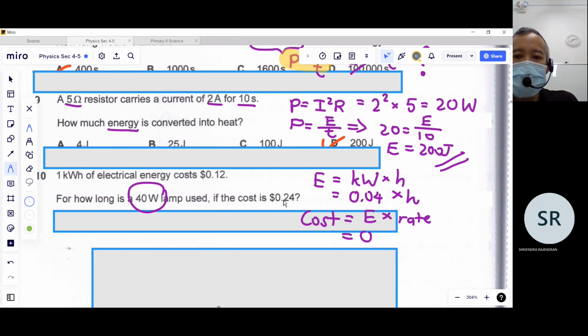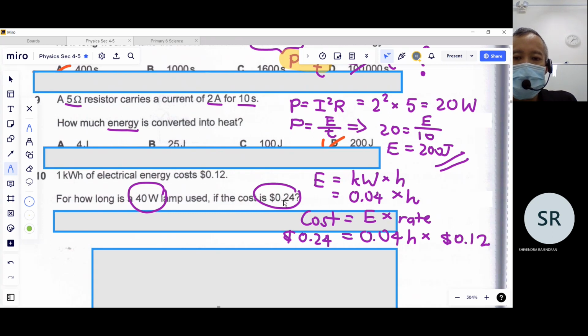Right, energy is above. From here, you transfer over here, times your rate. What's your rate? 12 cents. And what's your cost? Cost is given as well. Cost is 24 cents.